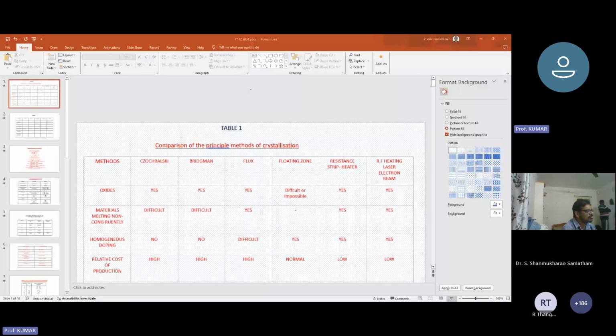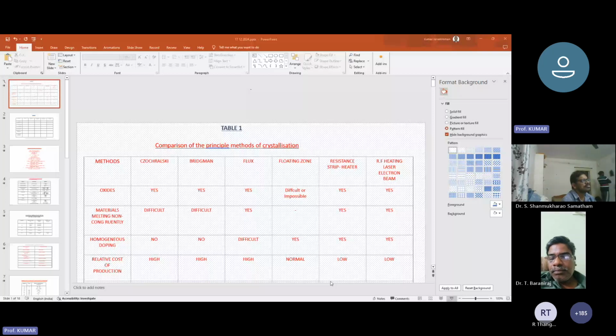You can grow large dimensions only in these two techniques, like the melt growth of Czochralski or Bridgman. You can also try to get a large size in floating zone, but it is not possible to grow large size in flux growth. So this is another table which shows what are the techniques and what are the materials which can be adopted.